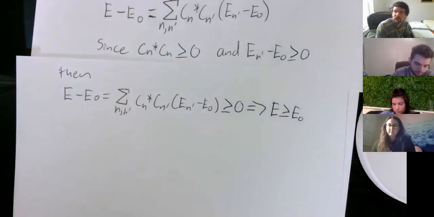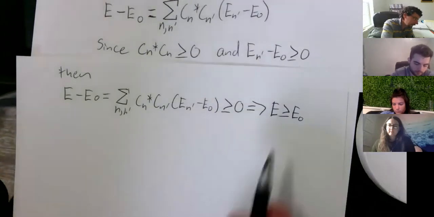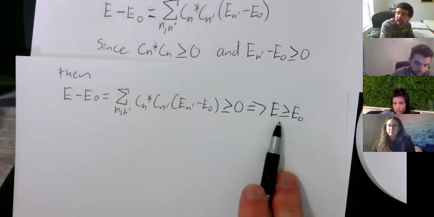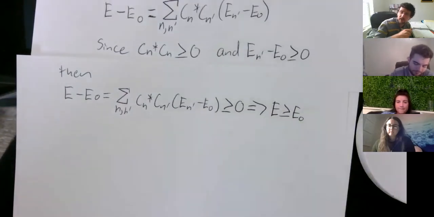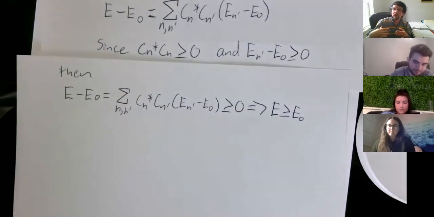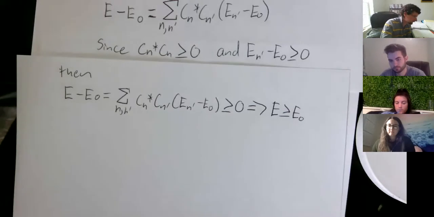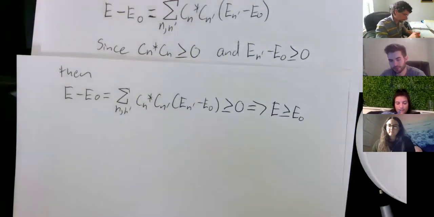So what we've shown here is that if we have a trial wave function, the energy that we get out has to be greater than or equal to the true energy of the system. So if we make a wave function up, what's the best job we can do? Or what's the lowest possible energy we can get? Just what the energy actually is.